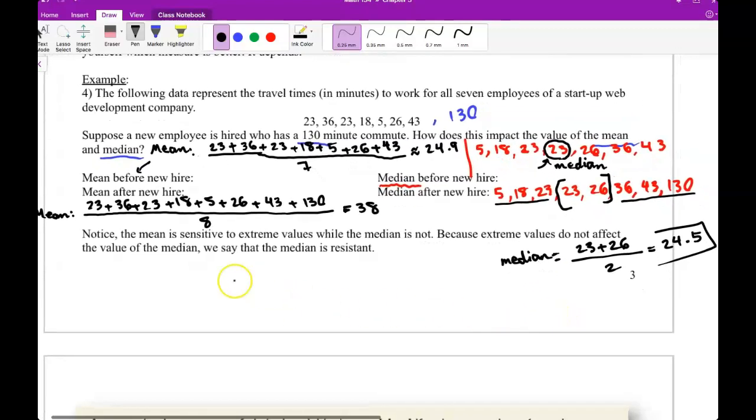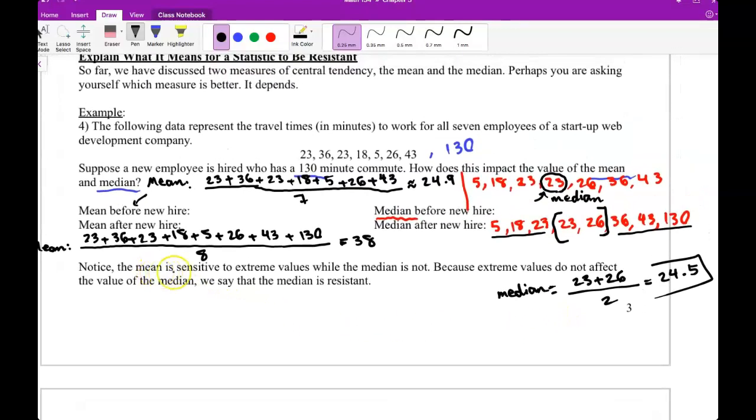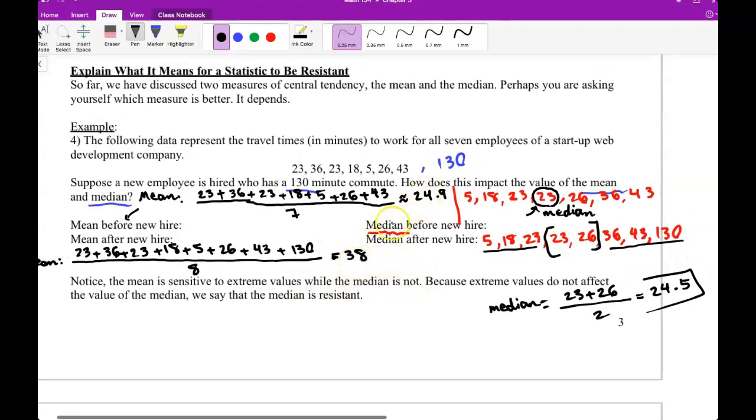The point is, mean is sensitive to extreme values, while the median is not. See what the difference is? This is a huge difference between 24.5 and here we have 38. By only adding one data point, the mean increases too much.